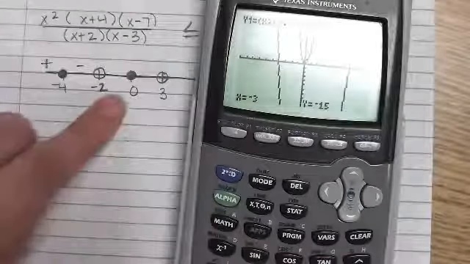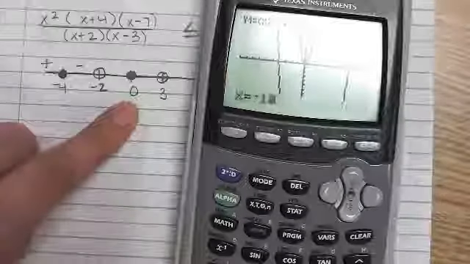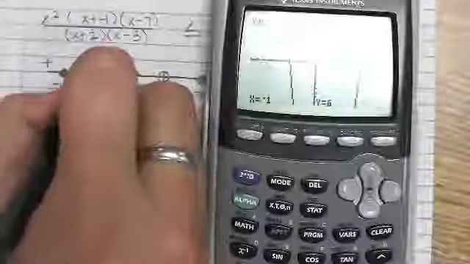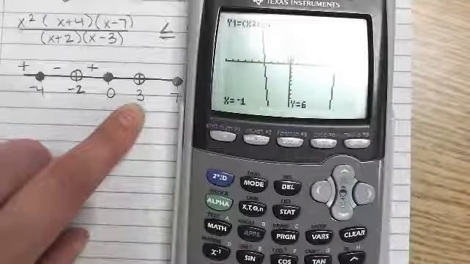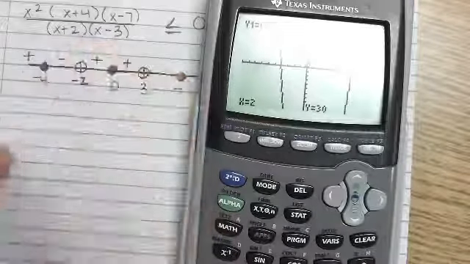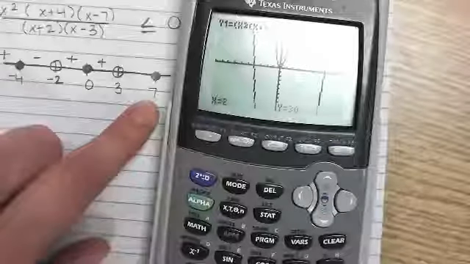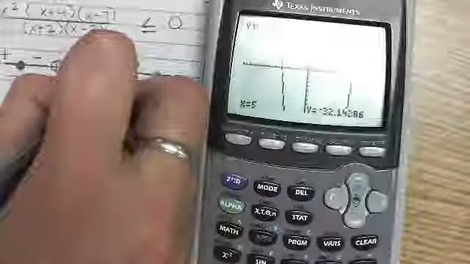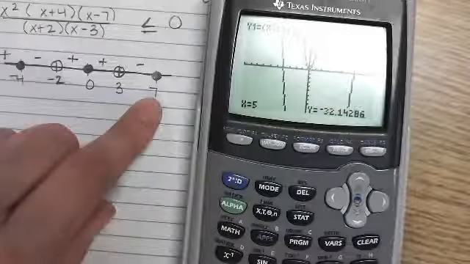What's a good number between negative 2 and 0? Negative 1. Okay, that's positive right there. Between 0 and 3, 2. That's positive. Okay. Between 3 and 7. That's negative.